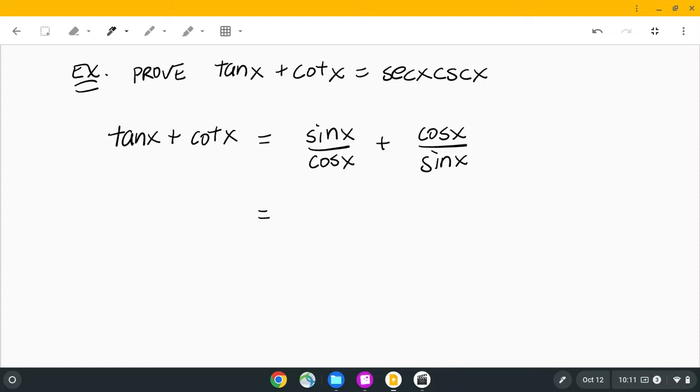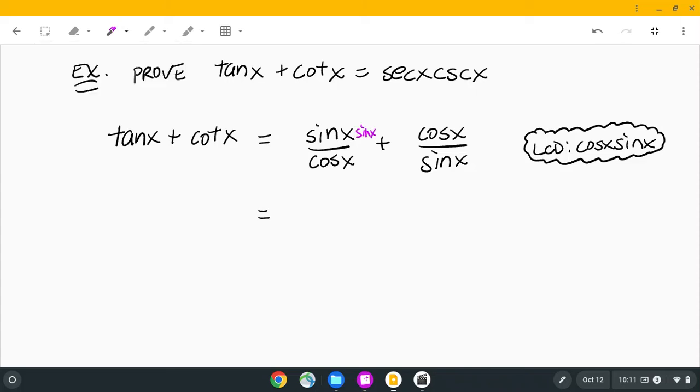And now I'm going to add these fractions. So I'm going to get my LCD here, which is going to be cosine x sine x. So hopefully you know how to add fractions. Okay, so I need my denominators to look like this. They don't. This one is missing a sine x, so I need to multiply that first fraction by sine x.